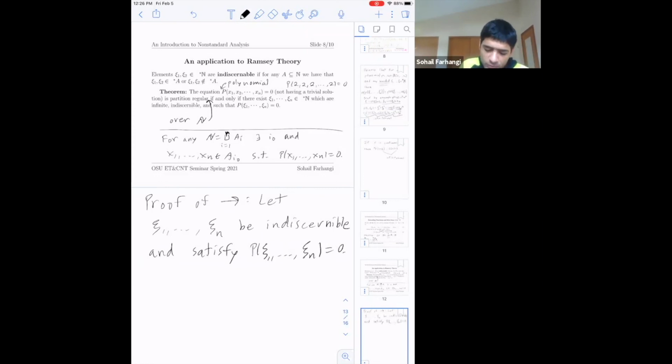We take what's given to us, and then now you take a partition of N. And now, because they're indiscernible, they all live in one set.